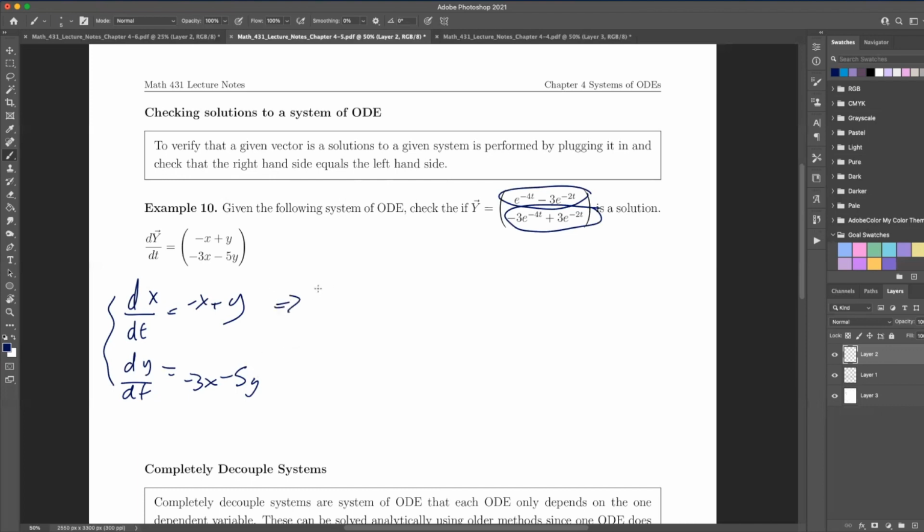So that implies the derivative of e to the minus 4t minus 3e to the minus 2t over dt. This derivative is equal to minus x, which would be e to the minus 4t minus 3e to the minus 2t.